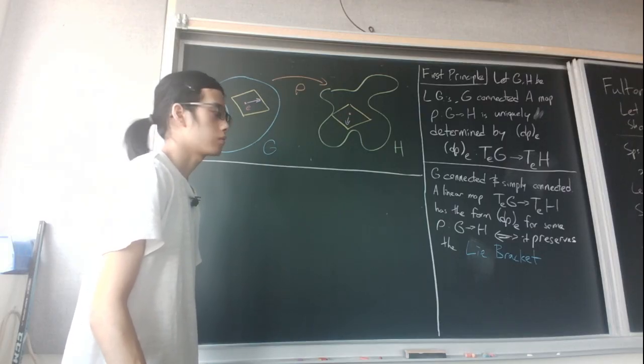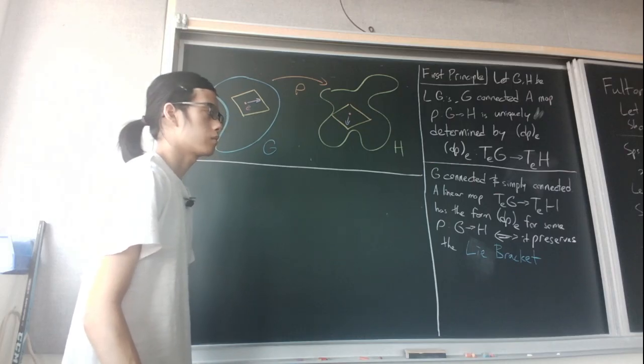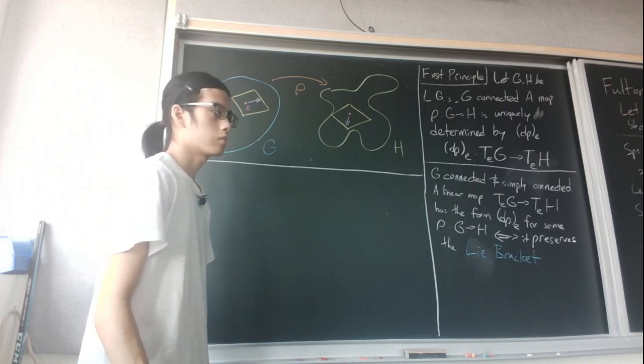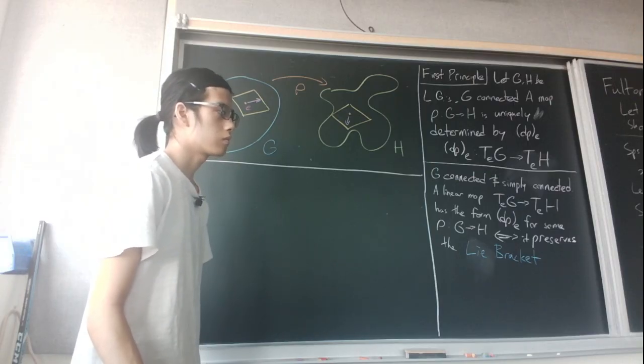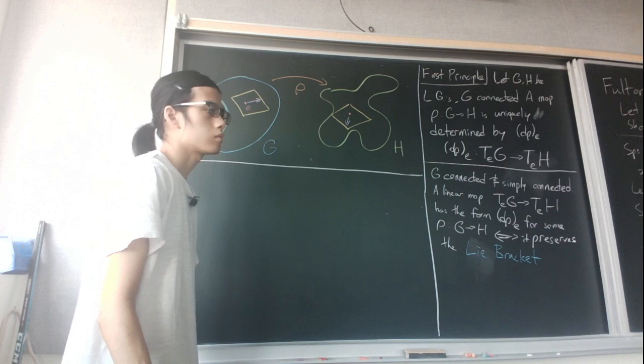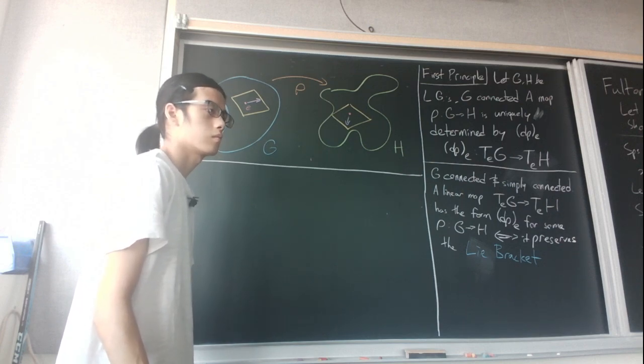And with principle 2, we're trying to ask the opposite question. Suppose I had an arbitrary linear map between tangent spaces. When does this linear map actually come from some homomorphism of the underlying Lie groups?